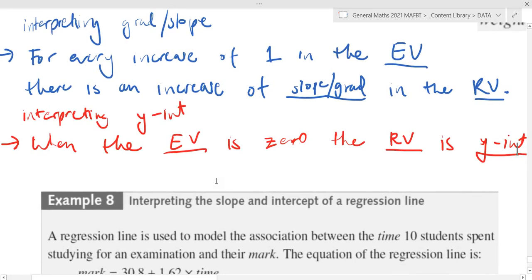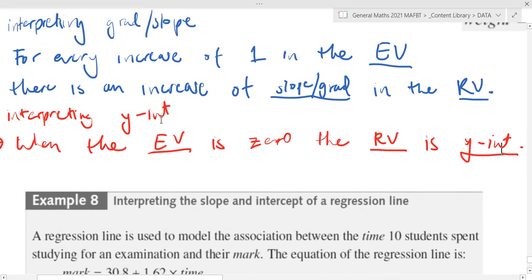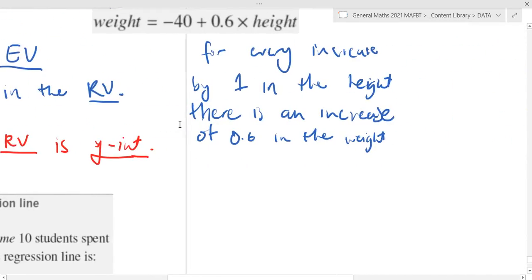So let's actually put that in context. When the explanatory variable or independent variable is going to be 0, the response variable or the dependent variable is going to be whatever the y-intercept is. So putting that into context here, let's look at the EV.